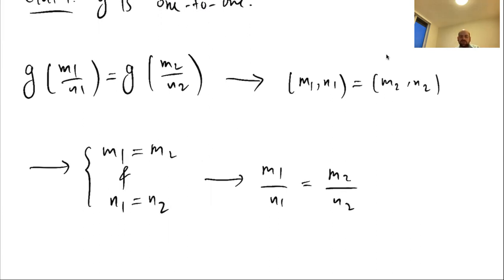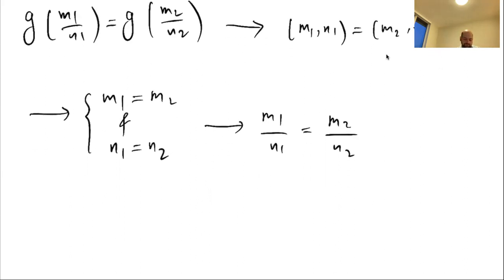Look at these two fractions. Their numerators are equal because m1 is equal to m2. Their denominators are also equal. So if you have two fractions, the tops are equal, the bottoms are equal, and of course the fractions are equal as well. So that means m1 over n1 is equal to m2 over n2.